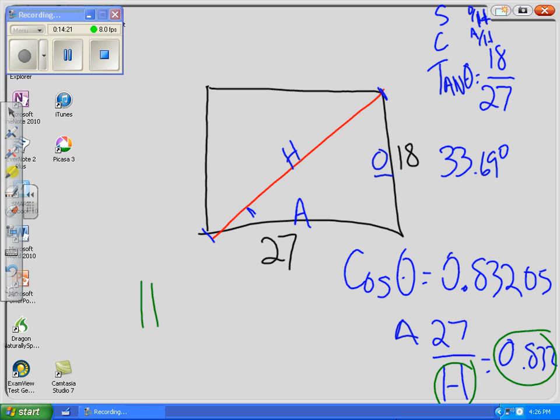H is equal to 27 divided by 0.83205, and that long number that's in your calculator already. So we're going to just enter 27 divided by second function answer, enter, and we find our hypotenuse should be what?